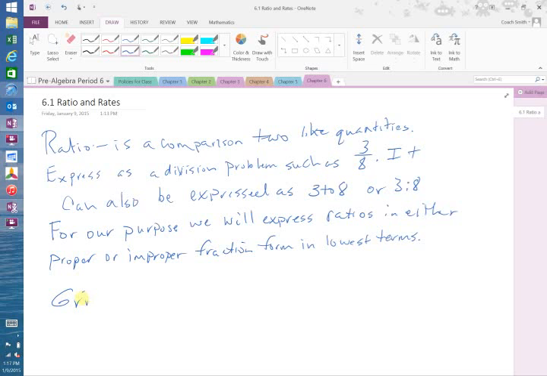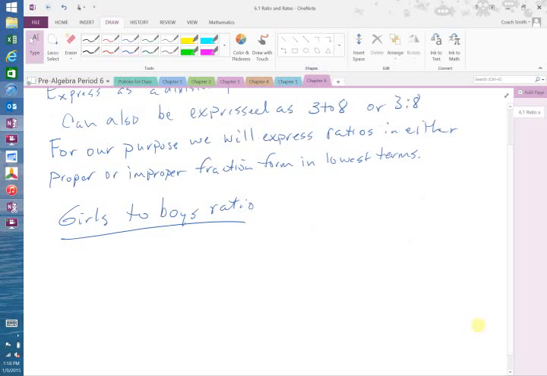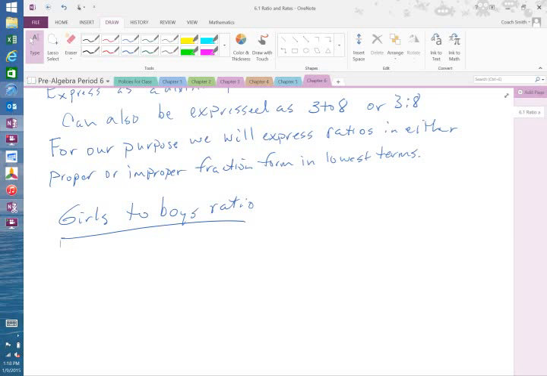So if we were to look at the girls to boys ratio, we have 7 girls, so that would go on top. On bottom we have 1, 2, 3, 4 boys. So the ratio of girls to boys in this class is 7/4.